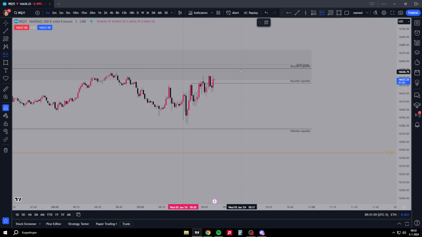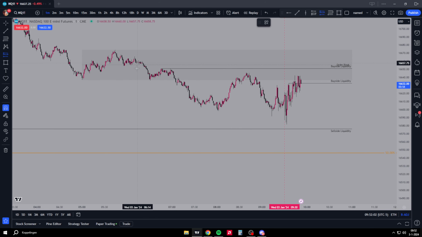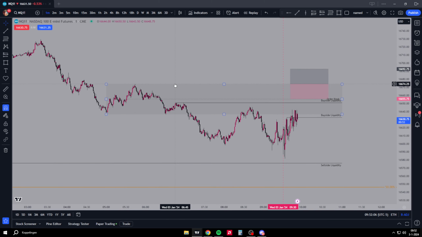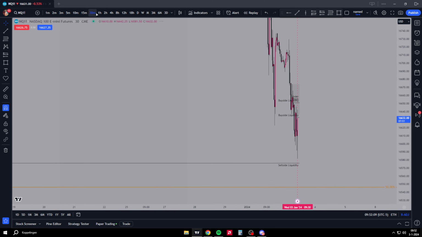Really curious what news is gonna bring. I want to see news actually respect his order block, but yeah, we could turtle soup his order block high. That could be possible as well.